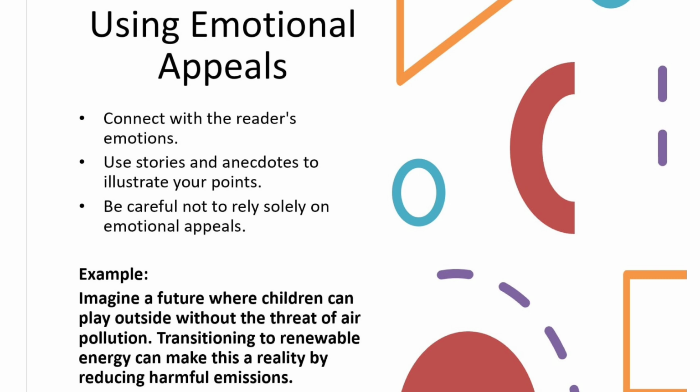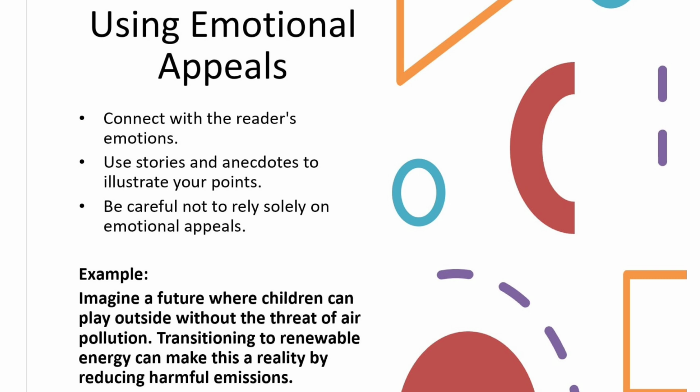Using emotional appeals. While logical arguments are important, connecting with the reader's emotions can also be very persuasive. Emotional appeals can make your argument more relatable and impactful. Use stories and anecdotes to illustrate your points.